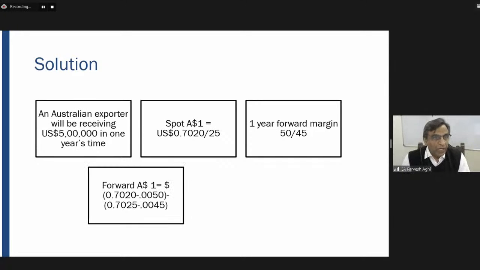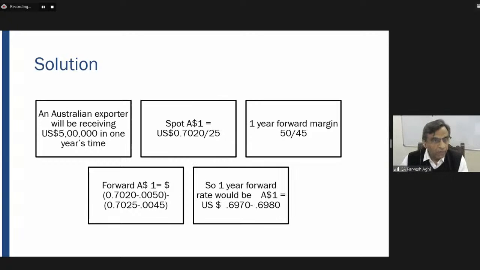So now we have to calculate the forward rate. We will take the spot rate and minus from the spot rate to arrive at the forward rate. So the 1 year forward rate will be A$1 equal to 0.6970. How have we arrived? 0.7020 minus 0.0050. Why minus?